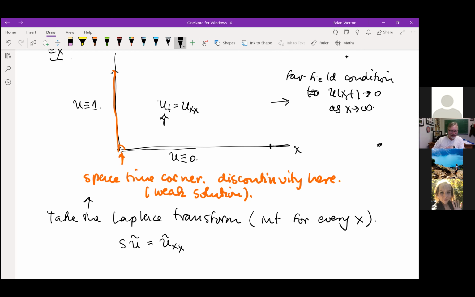Now, this is a different game than we've seen before, but it's the same kind of game. The game has been with PDEs that we turn them into a set of ODEs, an infinite set. So for every s, this is an ODE. It's a sideways game to what we played before, but it's the same sort of idea.